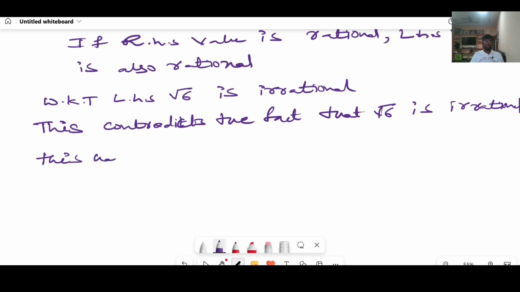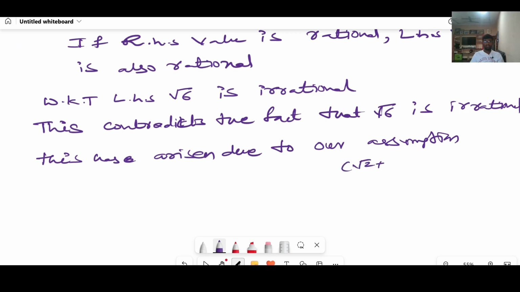This has arisen due to our wrong assumption. What is our assumption? That root 2 plus root 3 is rational.